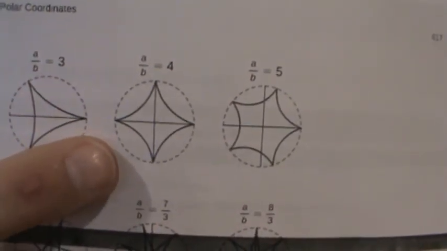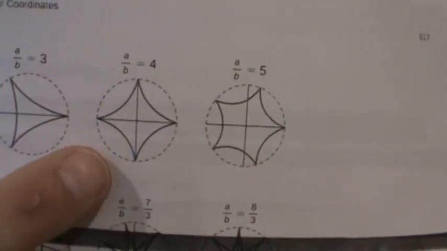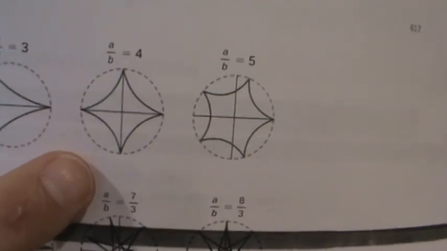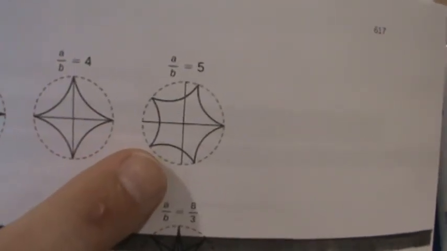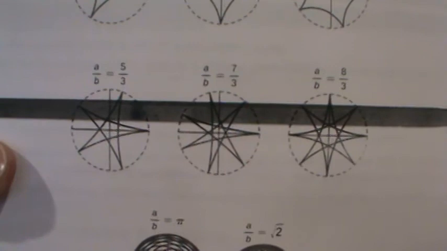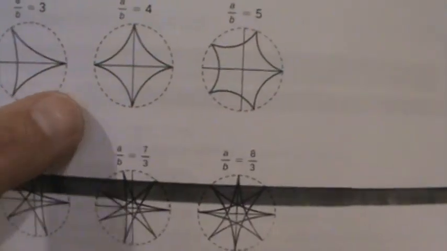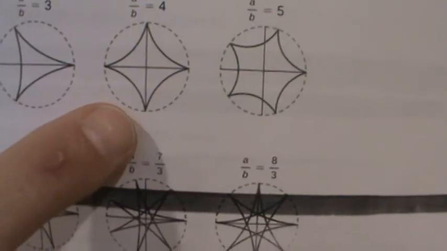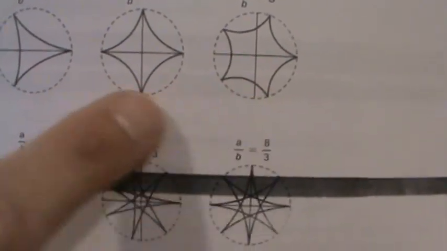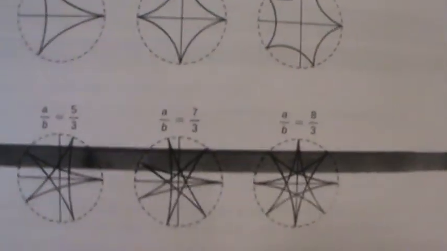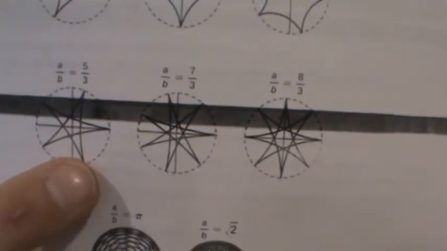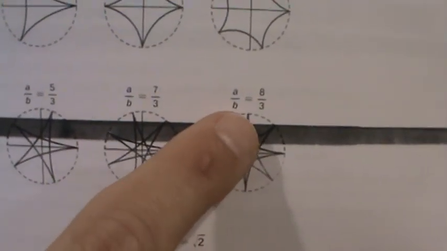If the ratio is 4, you get 4 cusps, like the one that we see in our general example, and then 5 cusps. And then here we have some other things. Notice how we have some different shapes right here, so different types of stars. But then here, notice that we get other types of stars.